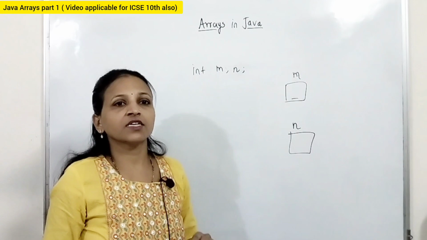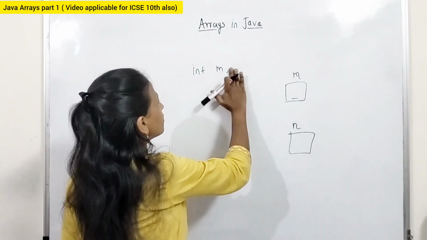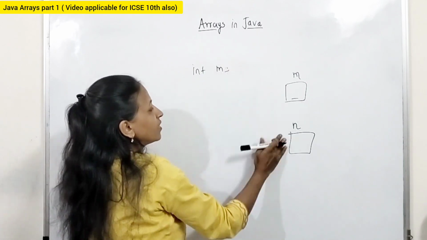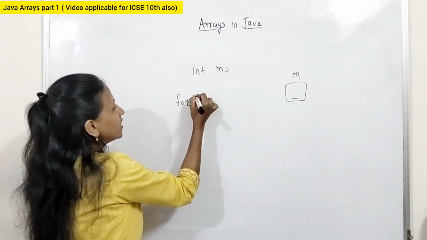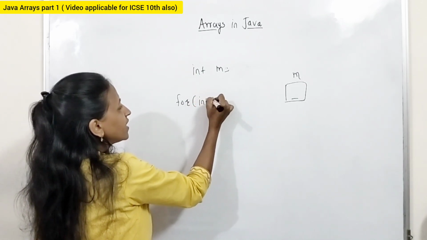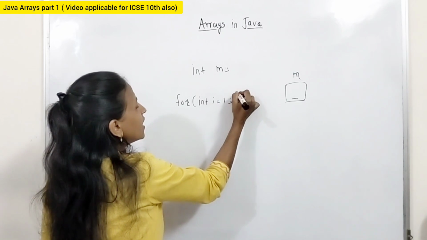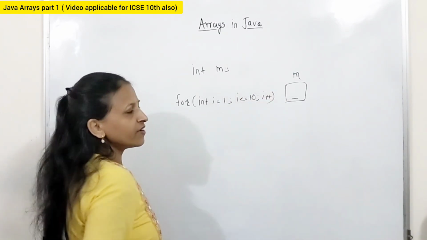Now let us see one example, then you will get a better idea about this. Let's say I have declared only one variable m here, and I am placing a loop: for int i equals 1, i less than or equal to 10, i plus plus. What will happen?